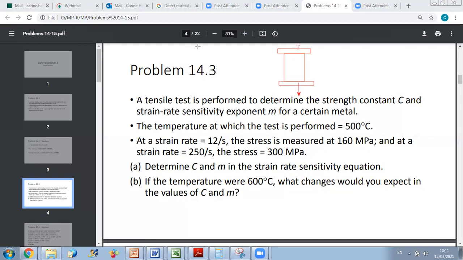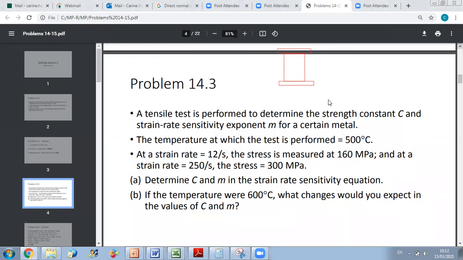So here, the strain rate is defined as the velocity. In general, we fix one of the plates and we move the other. For example, let's say I am moving this plate down.